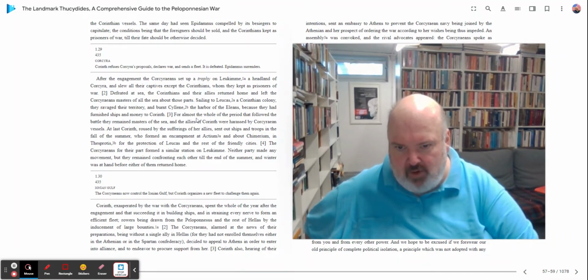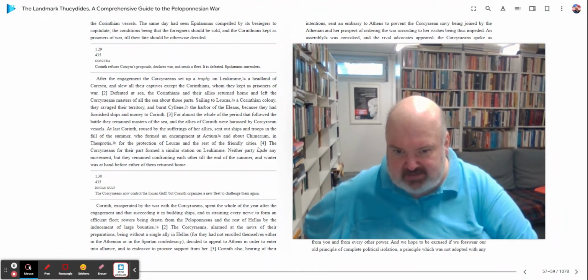For almost the whole of the period that followed the battle, they remained masters of the sea, and the allies of Corinth were harassed by the Corcyraeans' vessels. At last Corinth, roused by the suffering of her allies, sent out ships and troops in the fall of the summer, who encamped at Actium and about Cheimerium in Thesprotis for the protection of Leucas and the rest of the friendly cities.